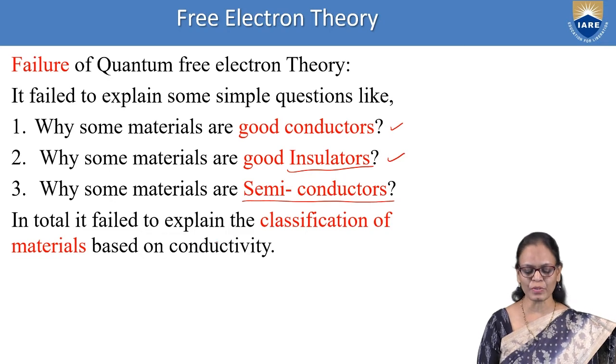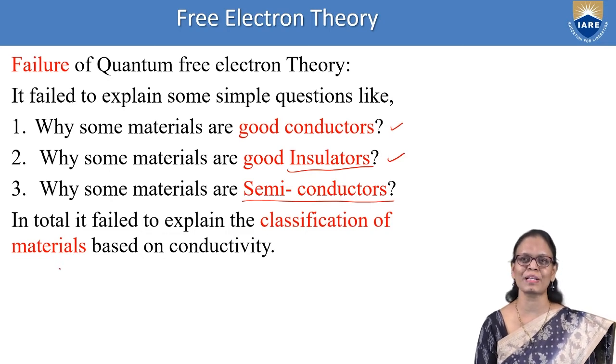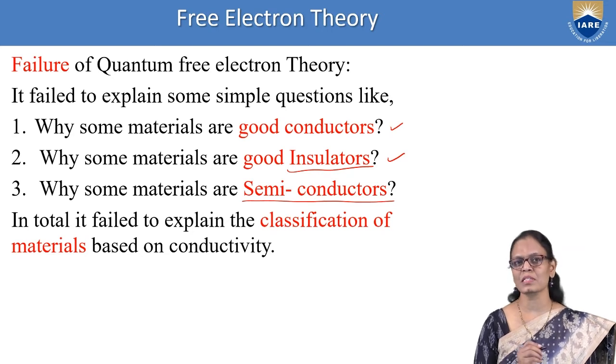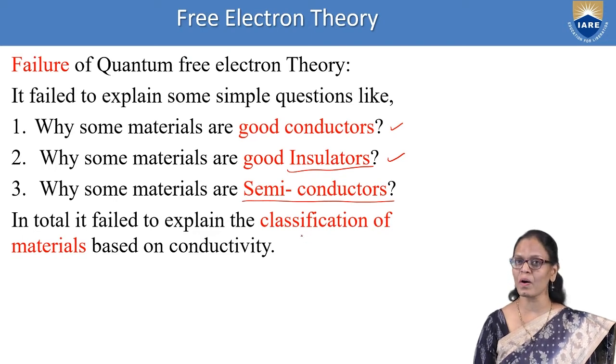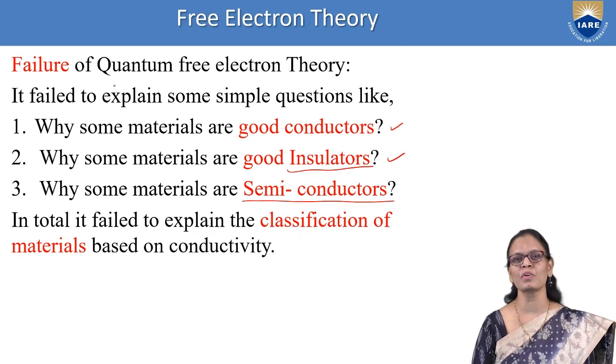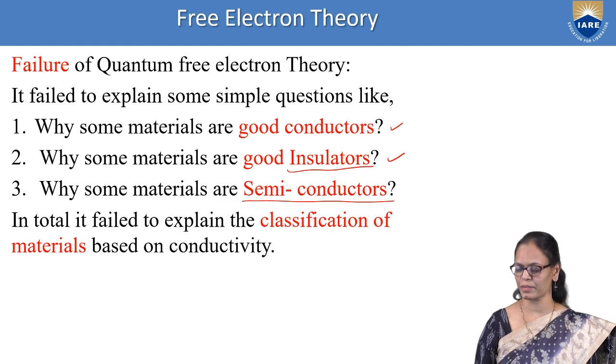Basically, it failed to explain the classification of materials. Some are ready to conduct heat or electricity, we call them good conductors, and some are bad conductors, which we call insulators. Some are partially conducting, we call them semiconductors. That major classification could not be explained with the help of quantum free electron theory.